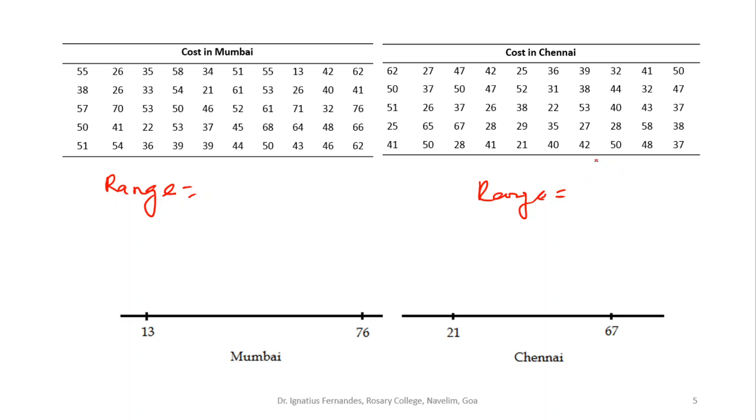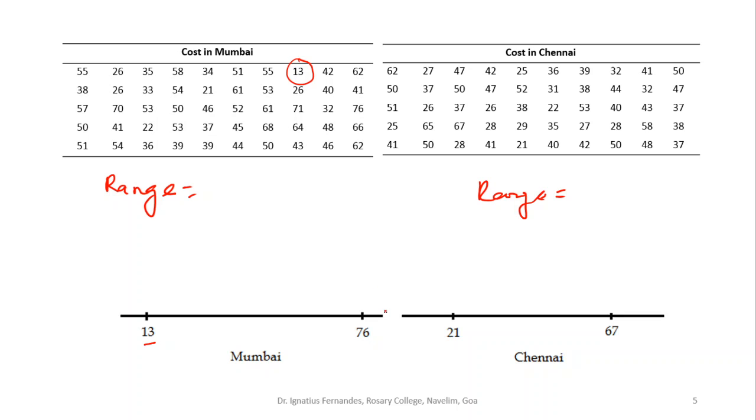Okay, so we have already seen, if you go to this, the lowest value in Mumbai was 13, which is somewhere in this data set. And at the same time, 13 is here, and the highest value was 76.